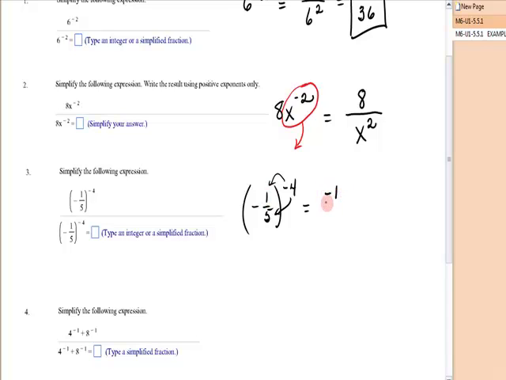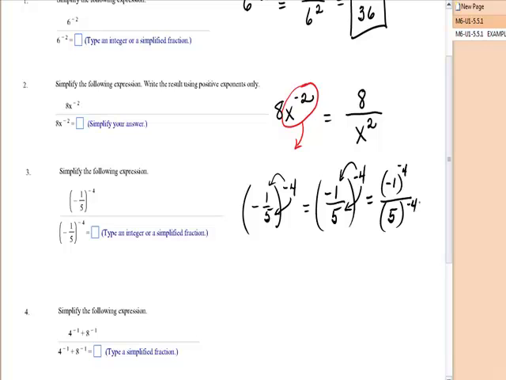So I'm going to rewrite that as negative 1 over 5 to the negative 4th power. It doesn't matter. It's just easier if it's attached to something. So this is raised and this is raised. So it's negative 1 to the negative 4th power, and it's 5 to the negative 4th power.